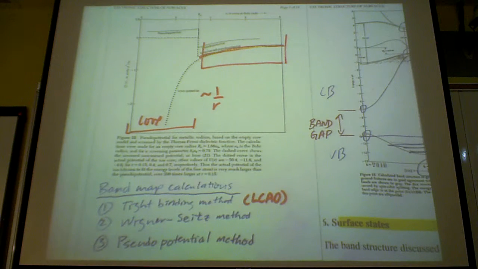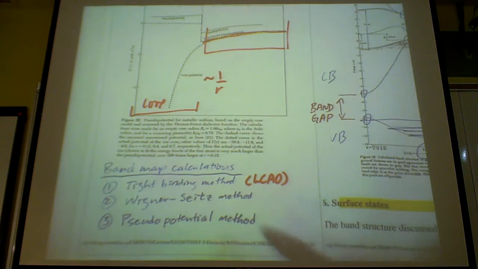And in this Wigner-Seitz method, you remember your Bloch function depends on a periodic function, and then you have this sinusoidal function multiplied by this periodic function. So what Wigner and Seitz said is, okay, let's forget about k, because this periodic function does not depend on k, and then you multiply by a sinusoidal function that depends on k, right?